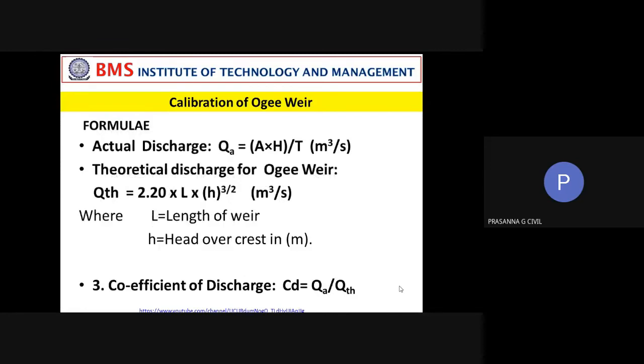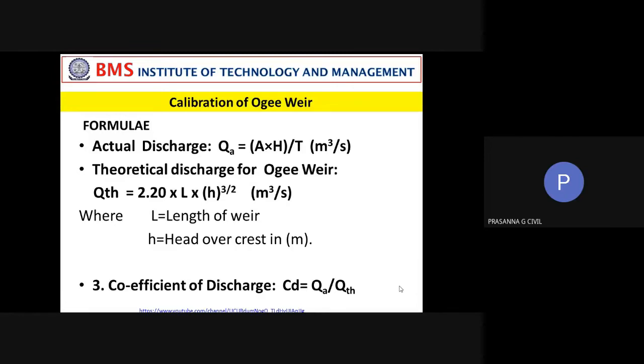The formulae that will be required to calculate the coefficient of discharge of the Ogee are: 1. The actual discharge, which is given by the expression A into H by T, where A is the area of the collecting tank, H is the rise of water in the collecting tank, and T is the time for rise of water. 2.